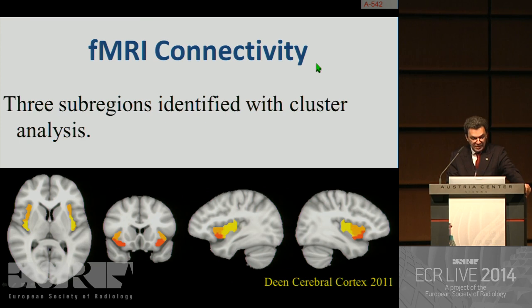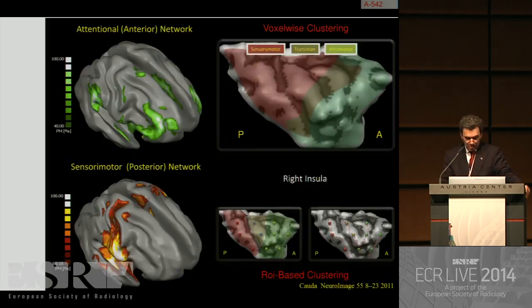Looking at the fMRI connectivity, you get a similar subdivision into 3 parts. So you have a nice relationship here. You know your anatomy, you know the cytoarchitectonic subdivisions, and you have the same subdivision by looking at the fMRI or DTI connectivity. And of course, we have now the advantage of doing that in vivo, so assessing the individual.